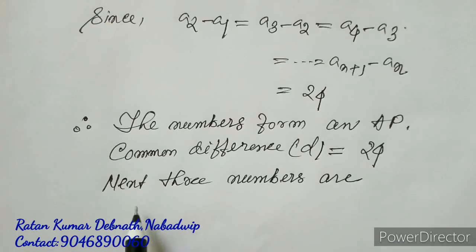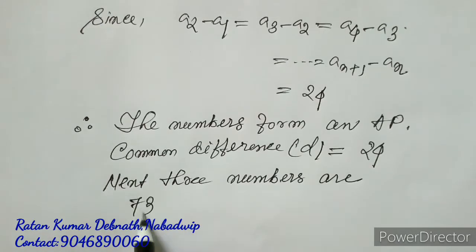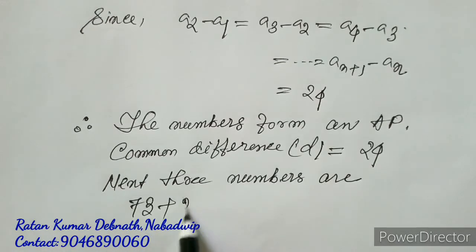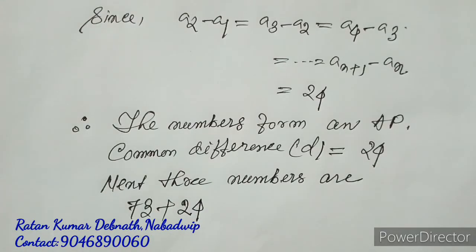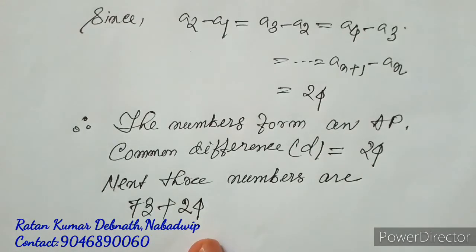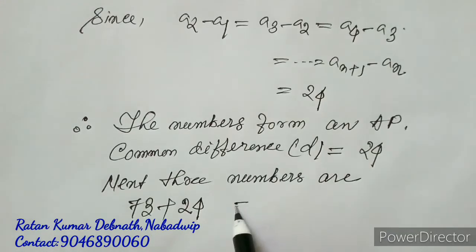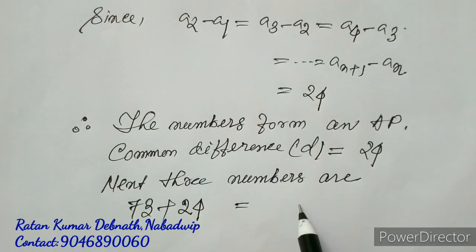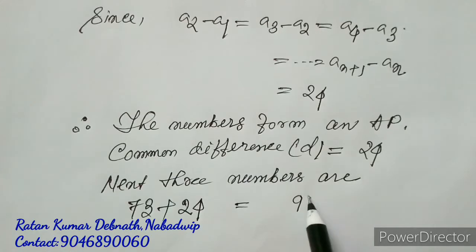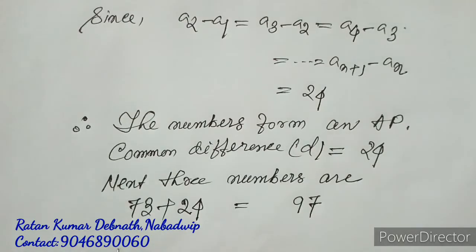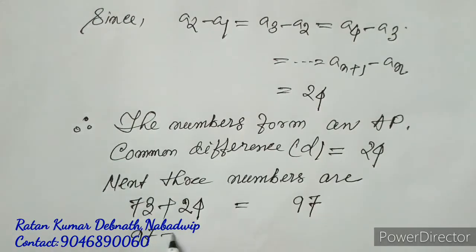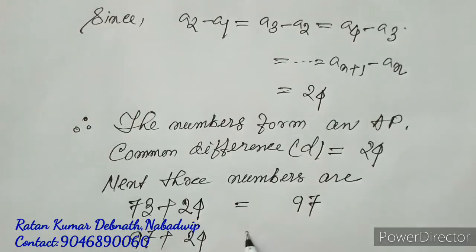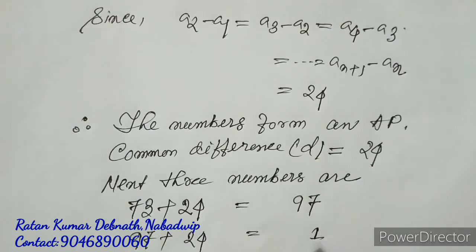the fourth number is 73 plus 24. Next three numbers are 73 plus 24, that is 97. 97 plus 24, 121.